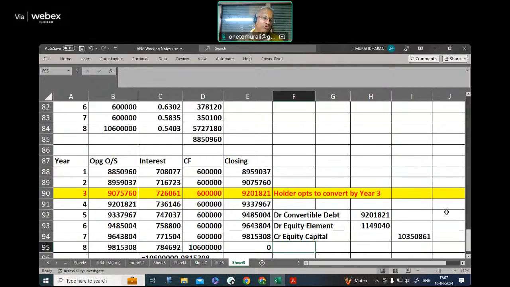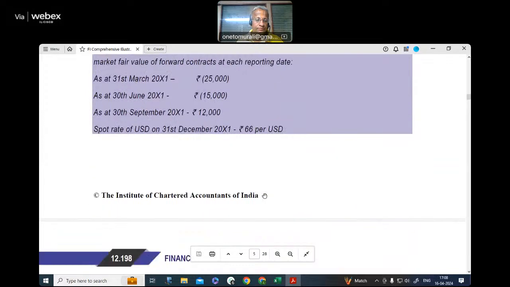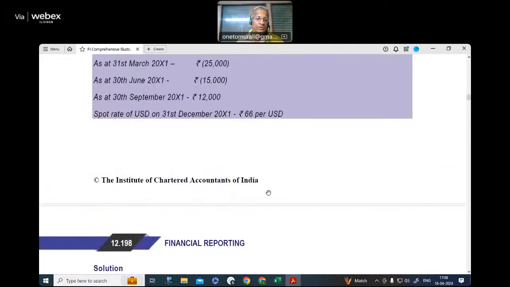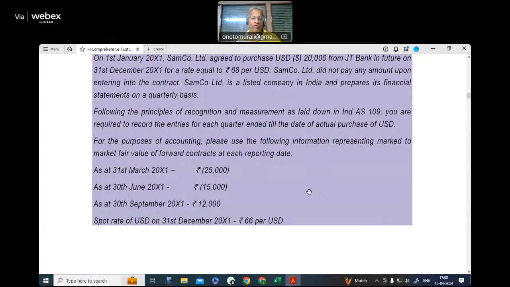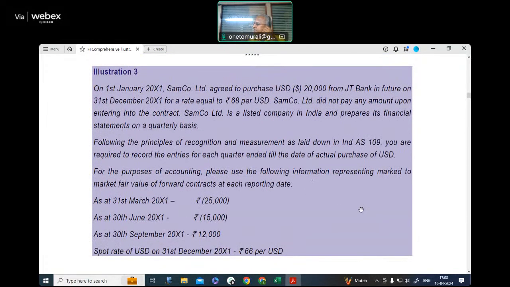So we have just done two problems in the book. This forward contract, we can take it up, illustration number 3. A little bit of IFM is involved alongside that.